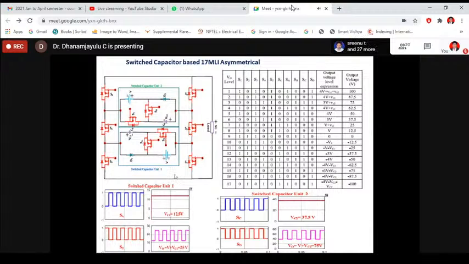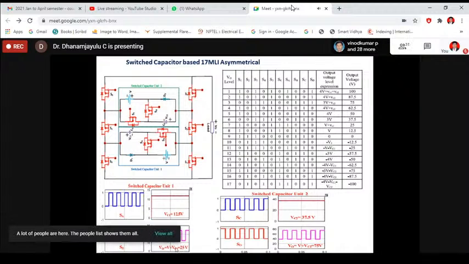We are able to generate 70 levels. So see that this is unit 1 and unit 2. Unit 1, let us take, I have fixed Vc1 as 12.5 volts. And during discharge time, see that V0, the output voltage, doubles. That means from 12.5 we are achieving 25 waveform.